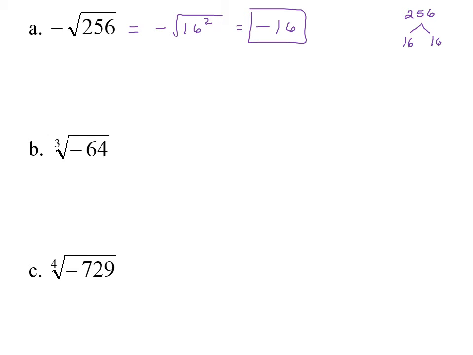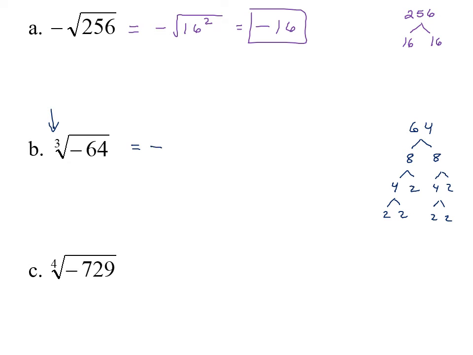If we have something like the cube root of negative 64, since it's an odd root, this value right here, this 3, is an odd number, and so that 3 being odd says the negative just comes out in front, and you just simplify 64. 64 is 8 times 8, which is 4 times 2 and 4 times 2, or 2 times 2 and 2 times 2. I'm doing a cube root, so I need groups of 3 together.